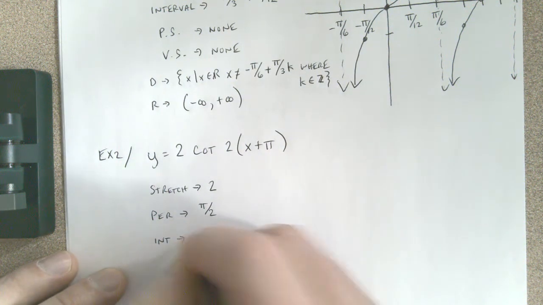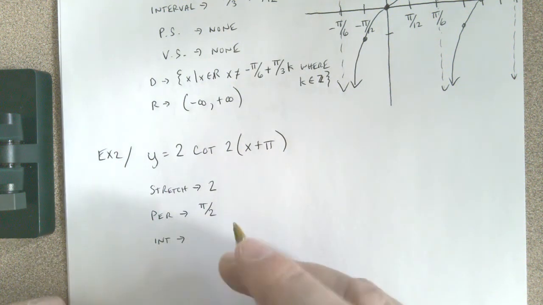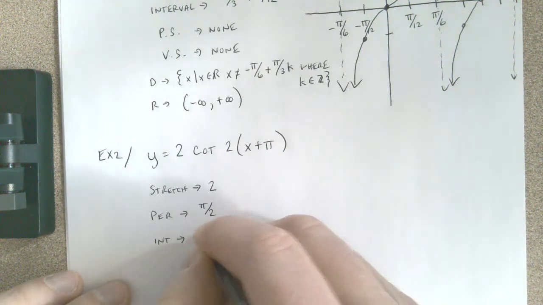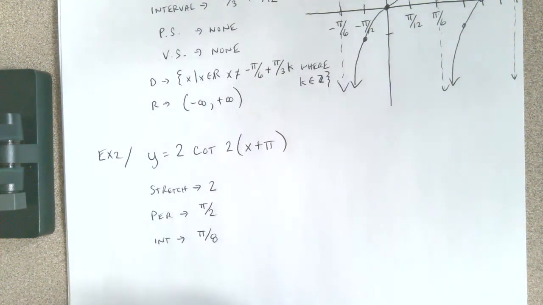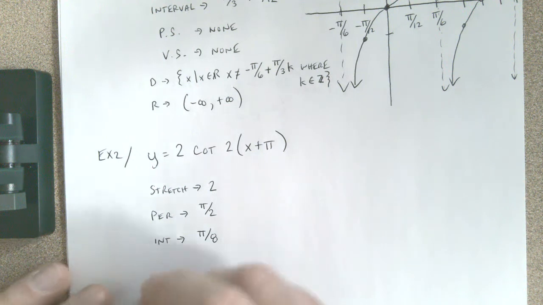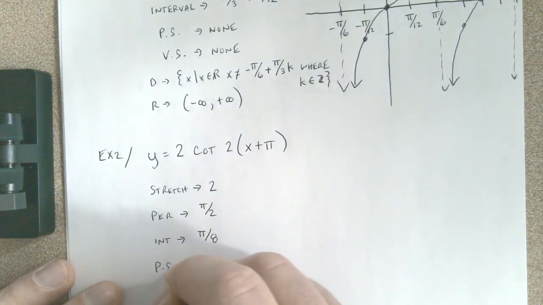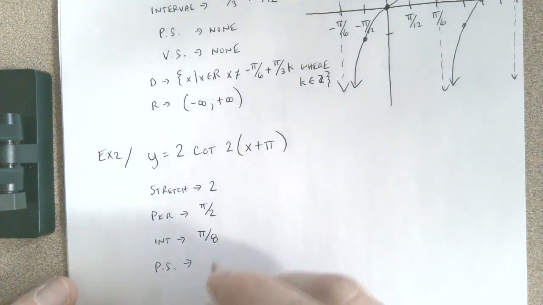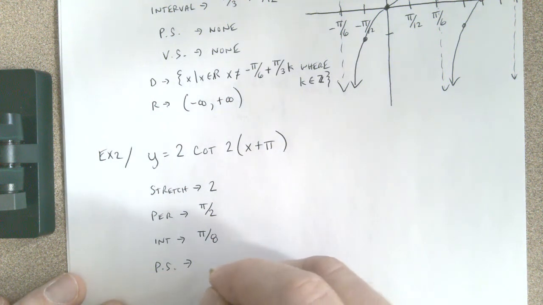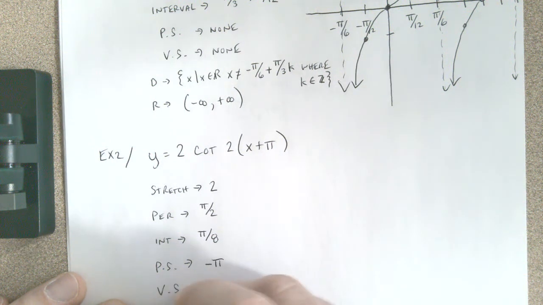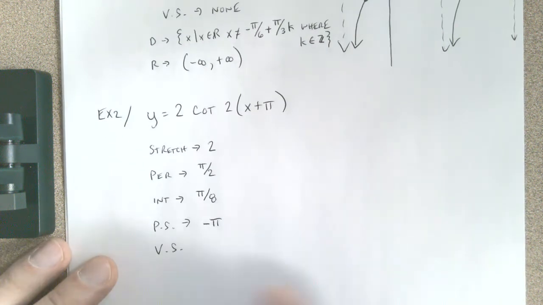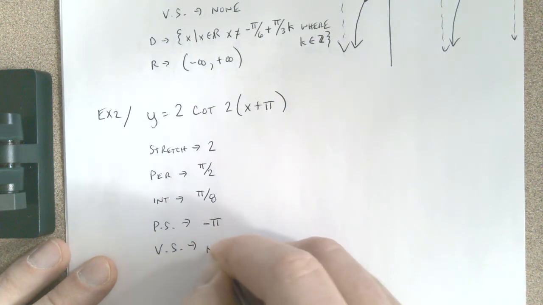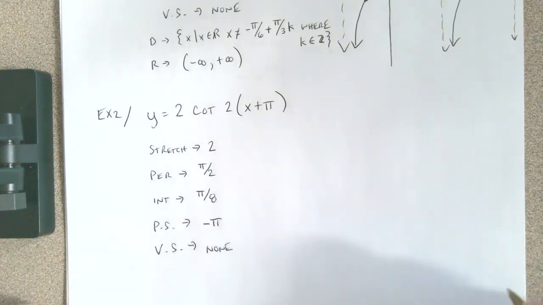Our interval, again, we're going to divide by 4, so that's going to make my interval pi over 8. My phase shift, if I set the parentheses equal to 0, my phase shift is going to be negative pi. And we do not have a vertical shift here. No value underneath.